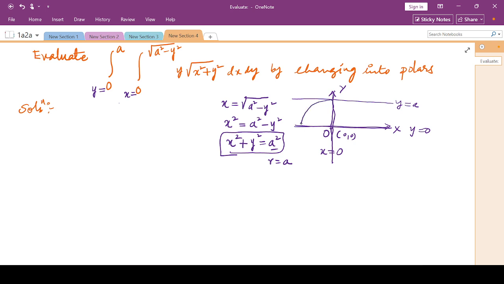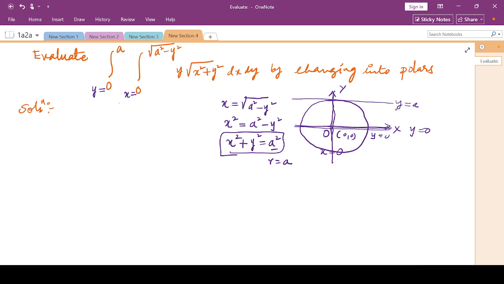So therefore, how will it look? Just draw a circle. So this is the circle, and remember the region of integration. The region of integration starts from the lower part, y is equal to 0 to y is equal to a, which means it will calculate the area between these two lines.